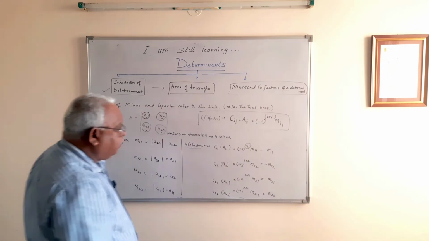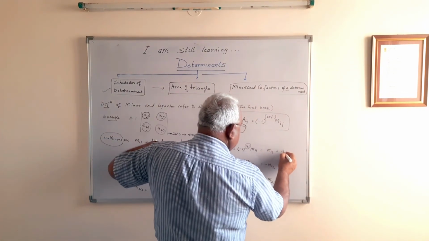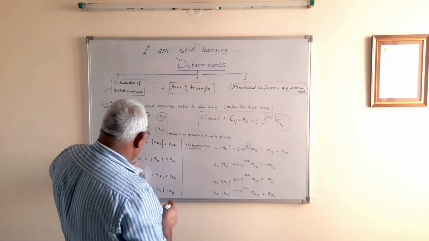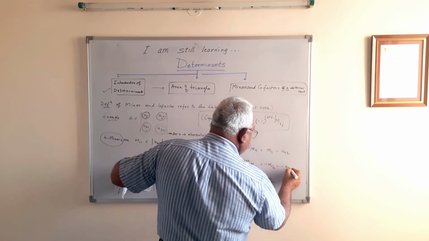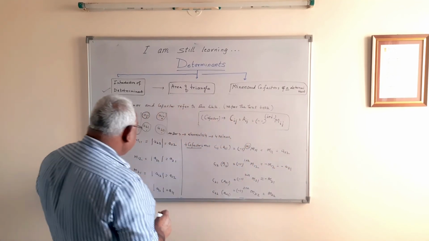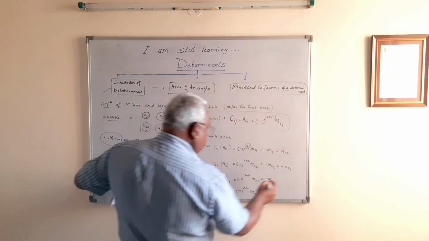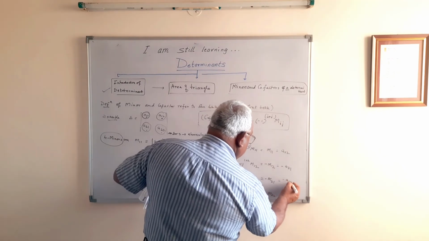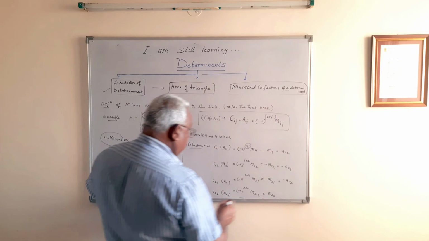Now you can put the value. M11 is A22 and M12 is A21. M21 is A12, so minus A12, and M22 is A11.